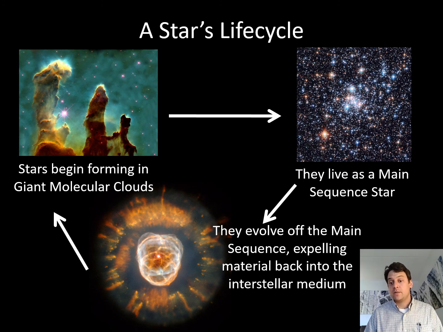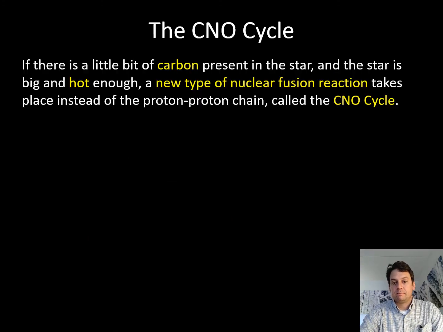For example, in the case of a supernova, the extreme speeds at which that material is sent out into the interstellar medium set up a shock wave which can heat up interstellar gases extremely quickly, and can actually initiate star formation in that way.